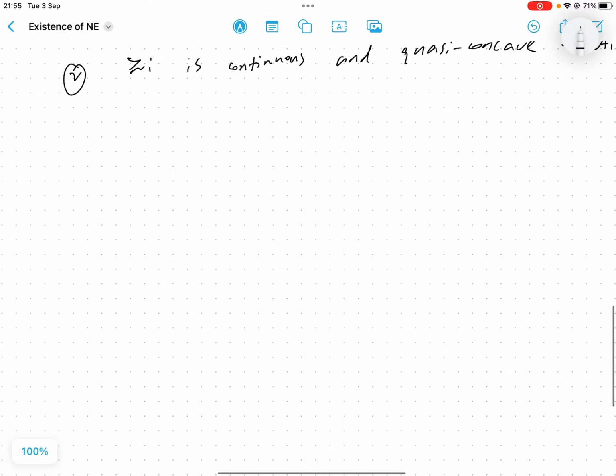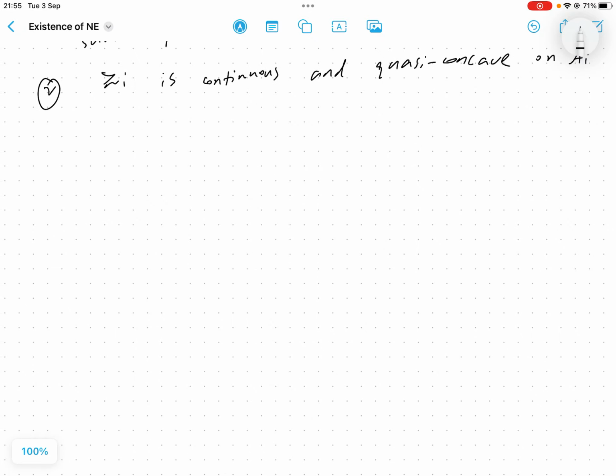Before that, let's define the correspondence that we're going to use. Because we're doing the equilibrium, we're using the best response correspondence. So B_i is the best response correspondence of player i.